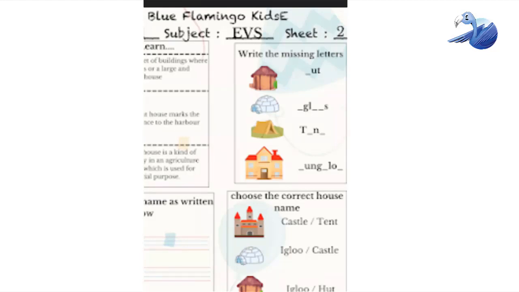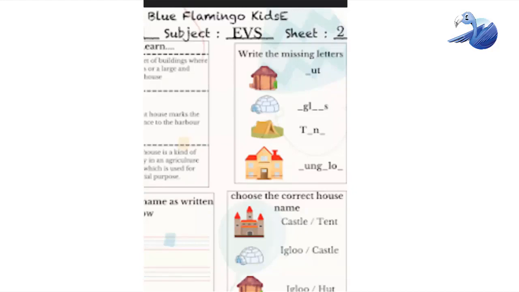Next, choose the correct house name. The first picture is castle or tent. So first is castle. C-A-S-T-L-E, castle. Next is igloo, so the correct answer is igloo.